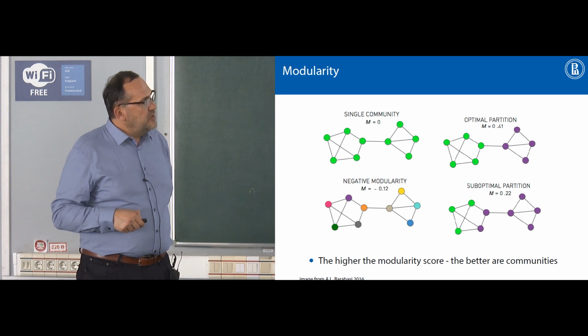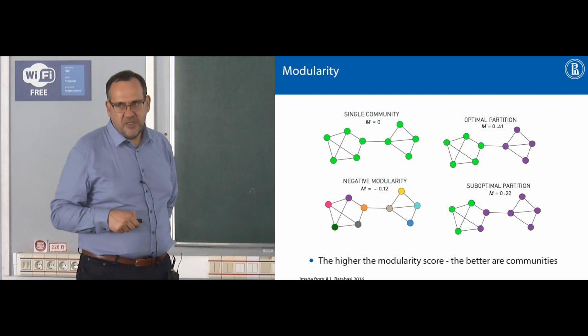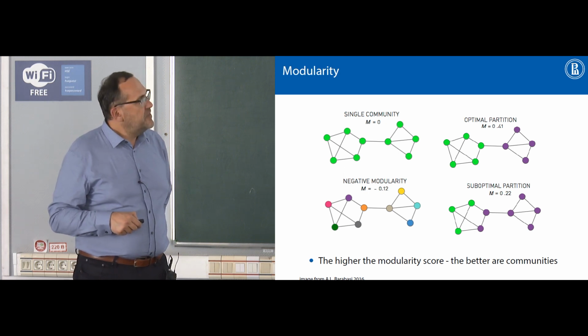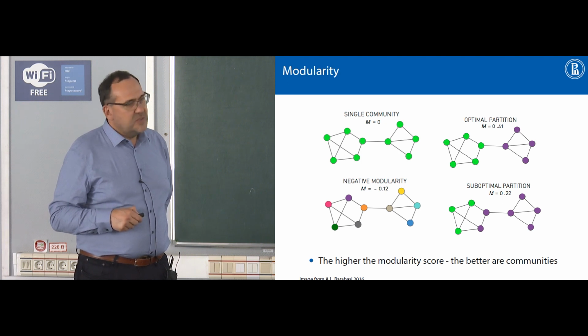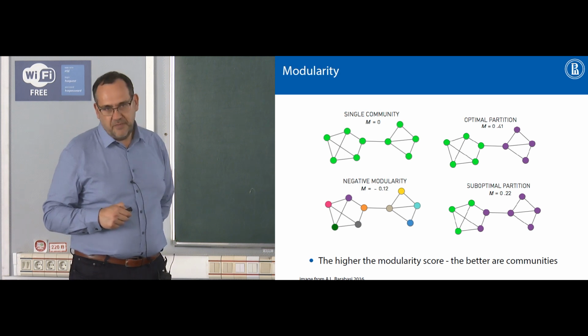If I do this type of assignment, where I say all the purple nodes are one community and the green nodes are another community, that would be the modularity score. And finally, if I do the best job of assigning nodes to communities, and I say this group is one community, these are in another community, then the score will be the largest.